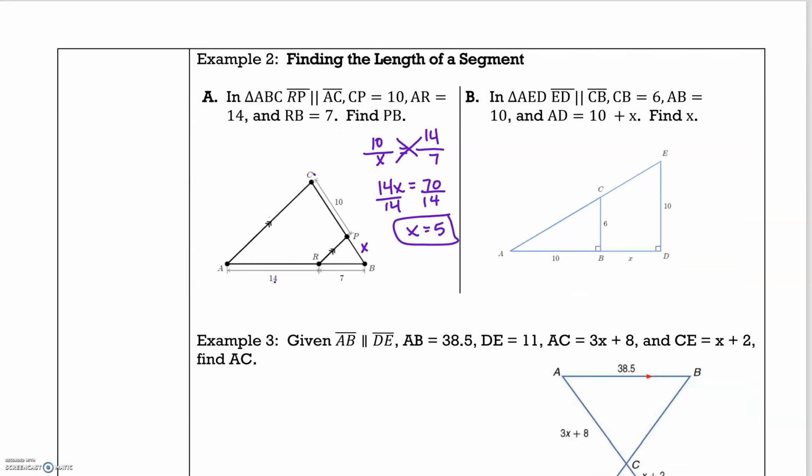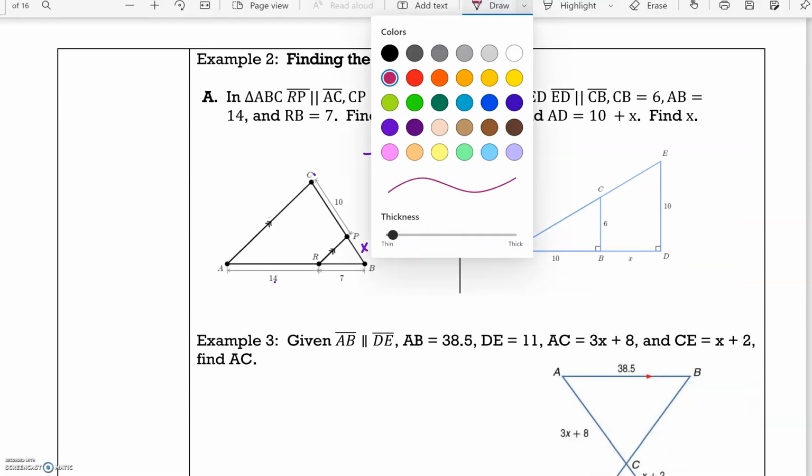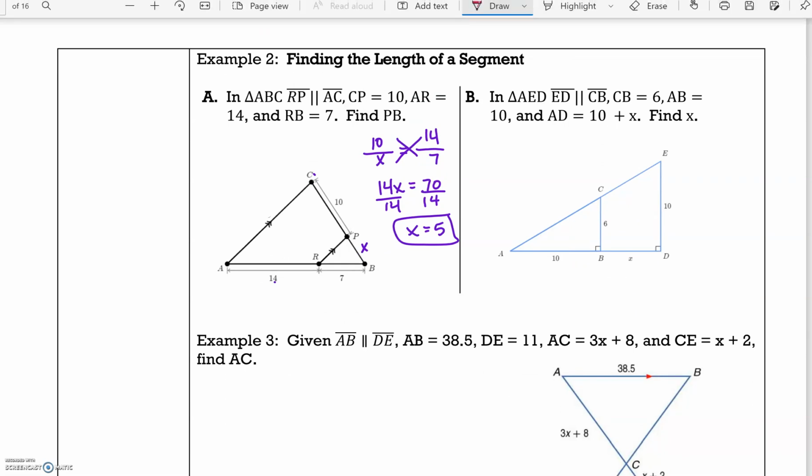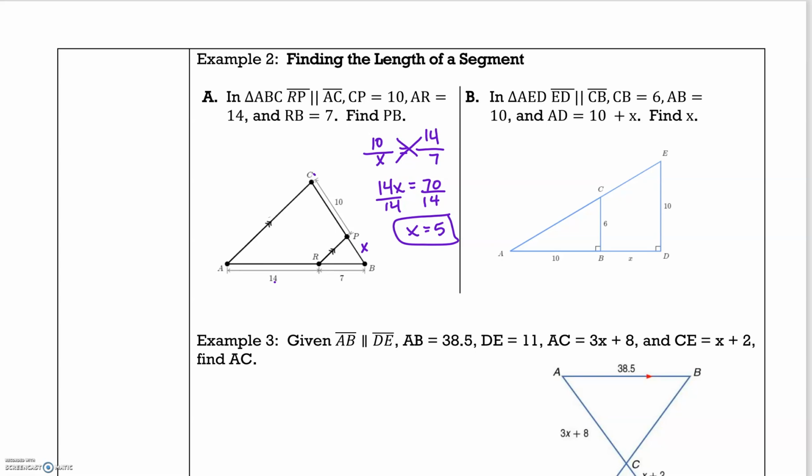So over here on this one, we're going to compare this triangle to this big triangle. So it's a triangle within a triangle. So we're going to compare side to base, or like base over base. So base of the small over base of the large is going to be equal to the side of the small triangle over the side of the large triangle.